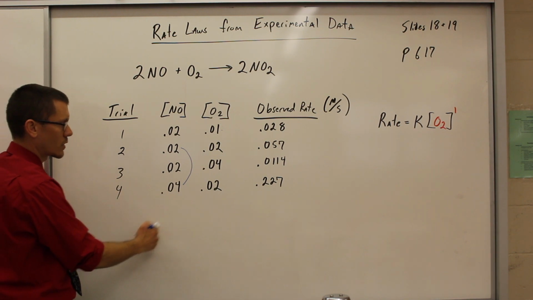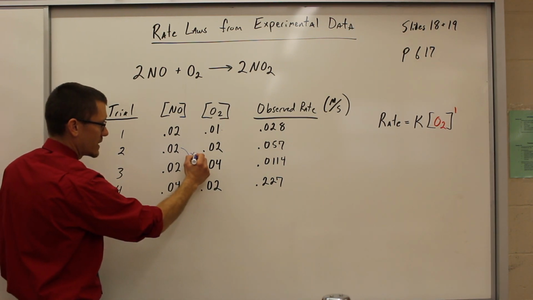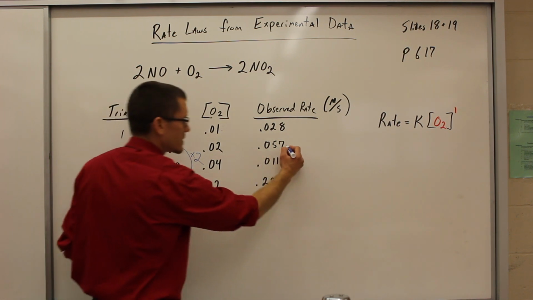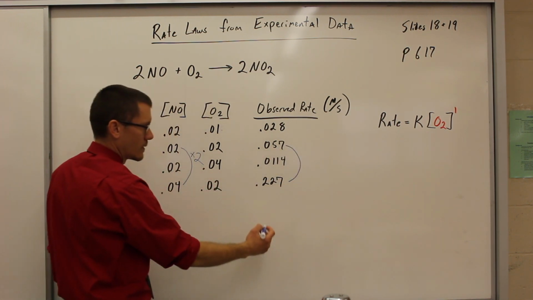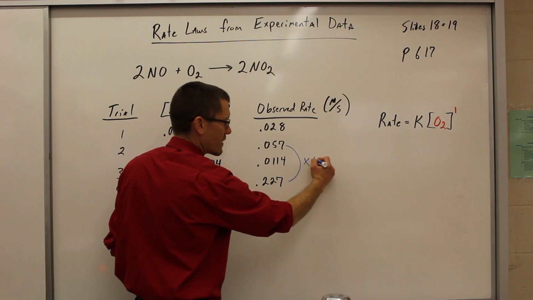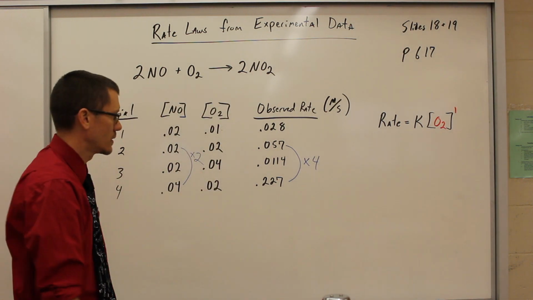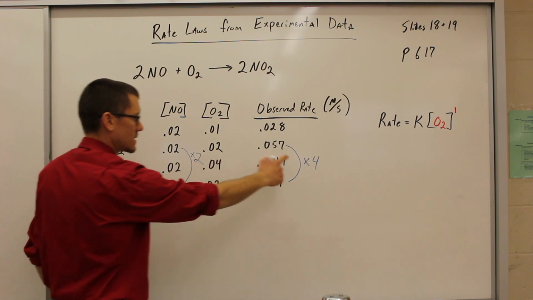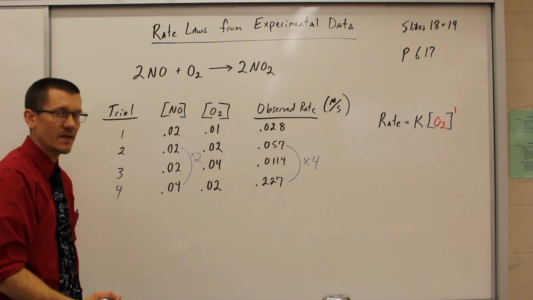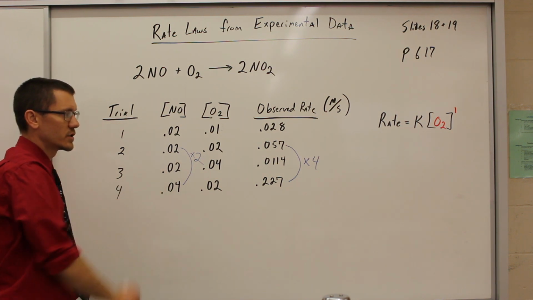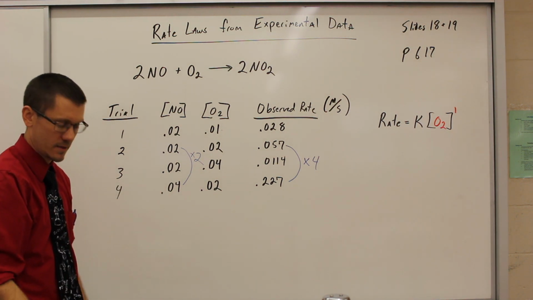From 2 to 4, our nitrogen monoxide doubles. It's a factor of 2. Our rate increases by a factor of 4. Okay. So because this is a factor of 4, that tells us it is doubly dependent on the concentration of nitrogen monoxide.